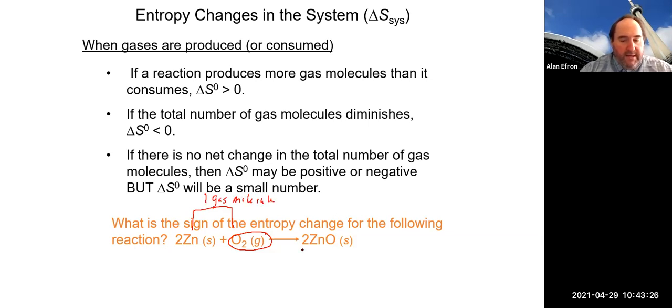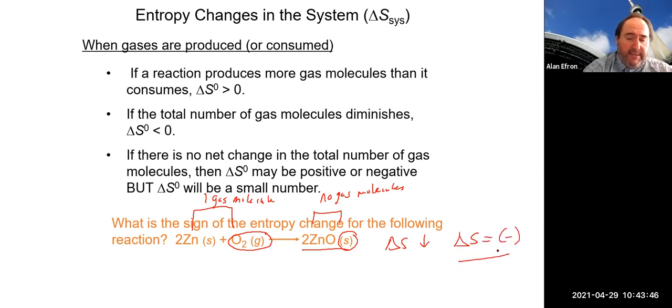On the product side, it's all solid, so there are no gas molecules. What that means is we would predict in this case that the entropy is decreasing, and that the delta S value should be negative in this particular case. Any questions on that particular one?